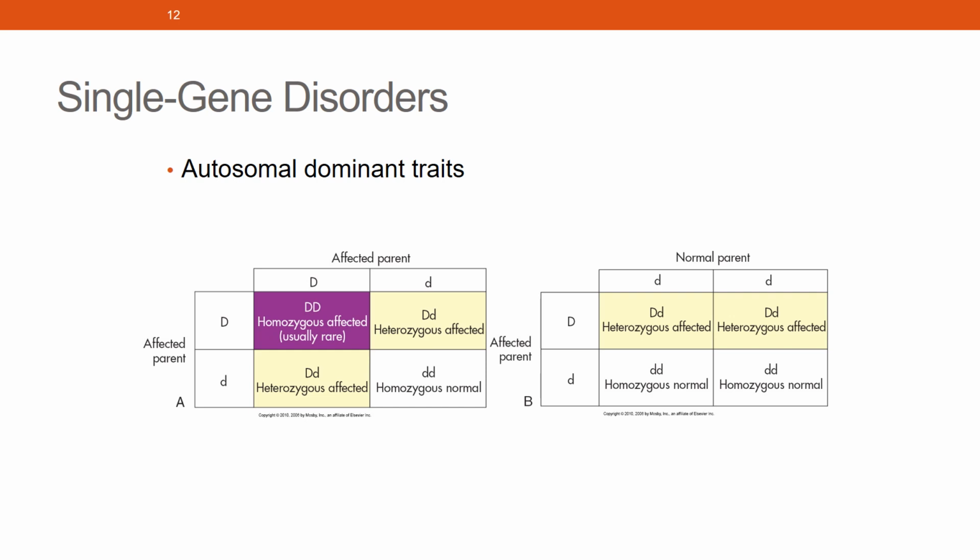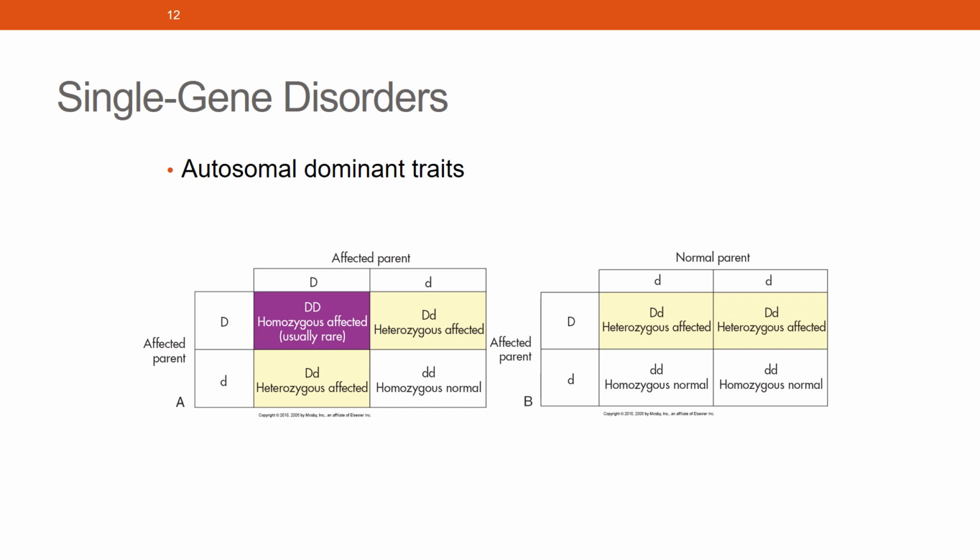If the affected parent is heterozygous and presents with disease, that parent still has one normal gene. That normal gene can pair with another normal gene, and the disease will be eradicated.